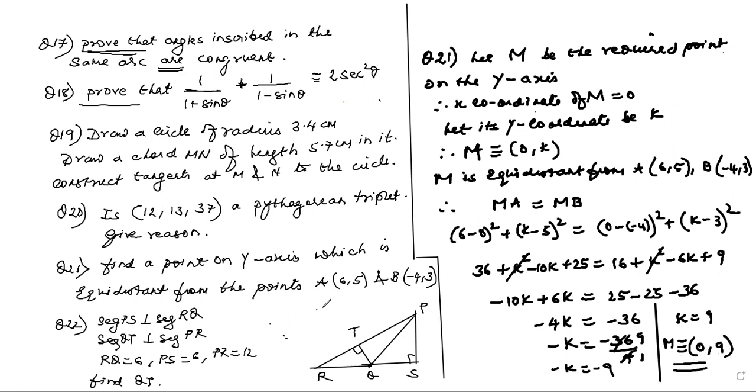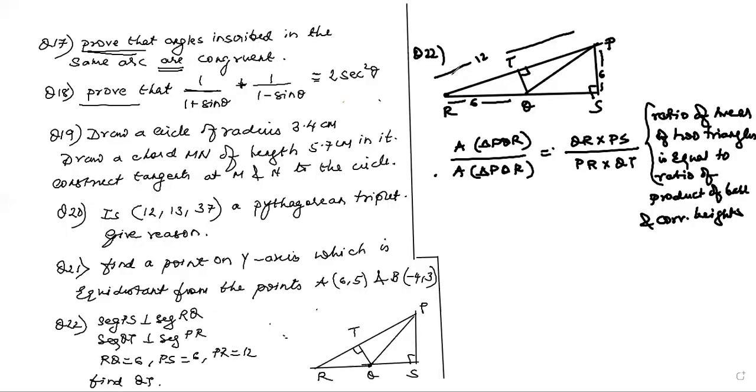Got it? Now we go to the last question, children. I just drew it and marked it here. Let's have a look. In triangle PQR, when I say RQ is the base, PS is the height.